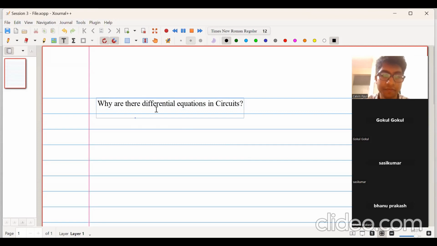Can anyone tell me why there are differential equations in circuits?